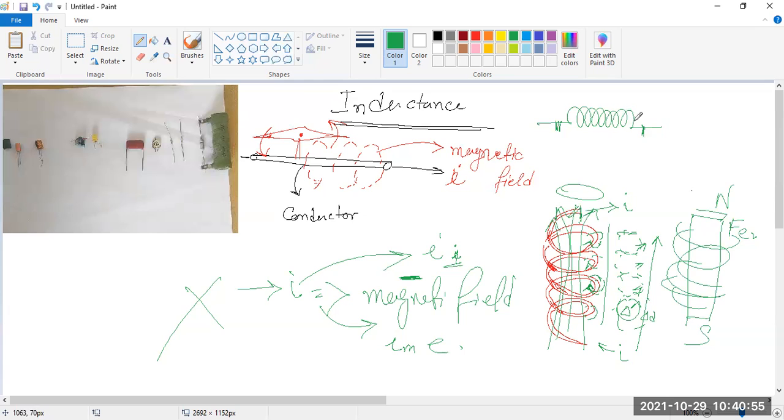Maybe 100 turns, and the length is, say, 10 millimeter. So this is called an inductor. It is denoted by L. Resistance is denoted by R, inductor is denoted by L, and the symbol is just like a coil. So this is the inductor.